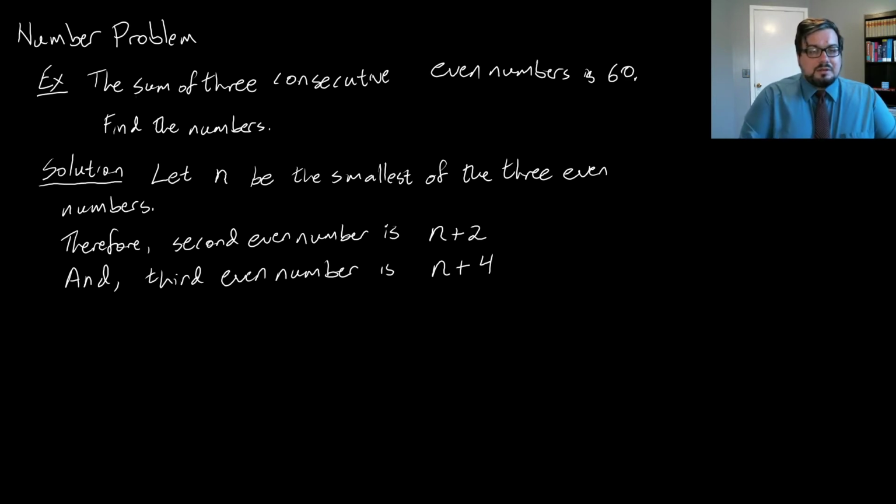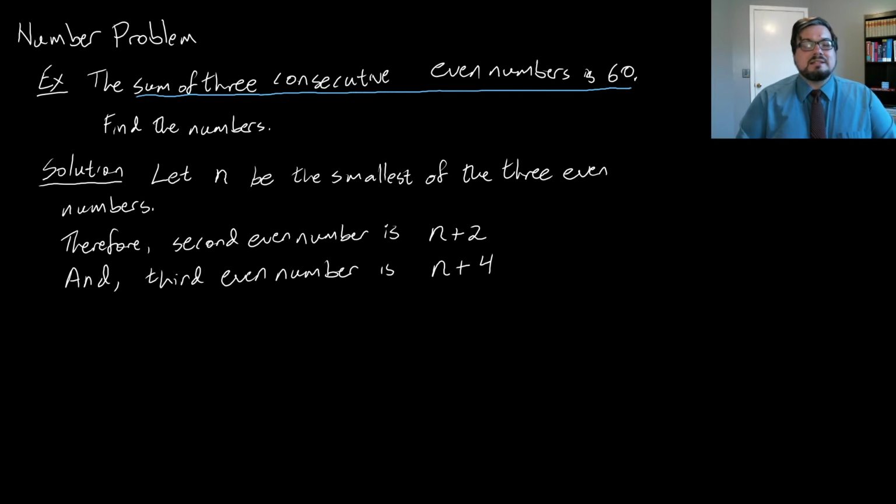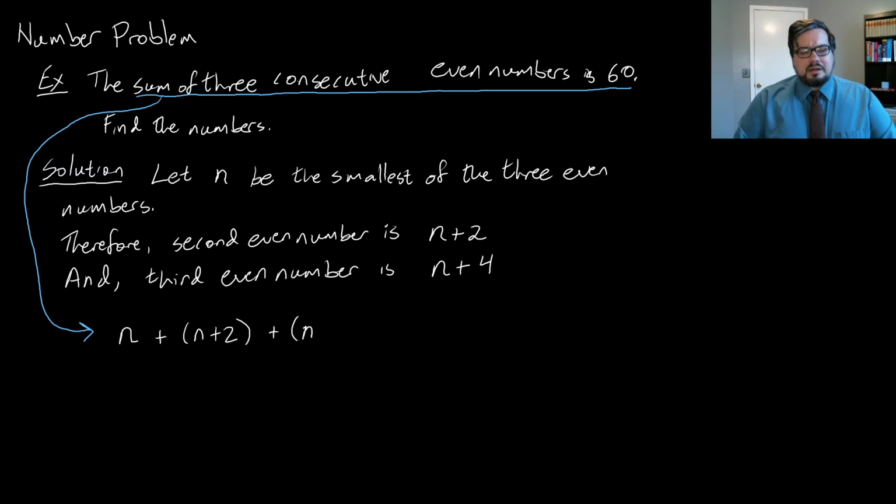We can translate that into mathematics. So the sum of 3 consecutive even numbers. We have written those even numbers as n, n plus 2, and n plus 4. So that's the sum of 3 consecutive even numbers.